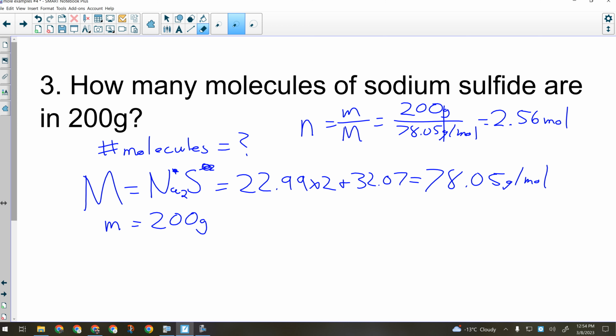I'm looking for the number of molecules. Avogadro's number is the number of molecules in 1 mole, and I have 2.56 moles. So what should I do with those two numbers? Multiply them, yeah. Okay, so multiply that by 2.56, and we will get how many molecules there are in 2.56 moles.